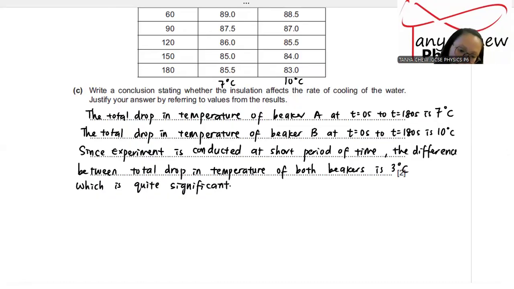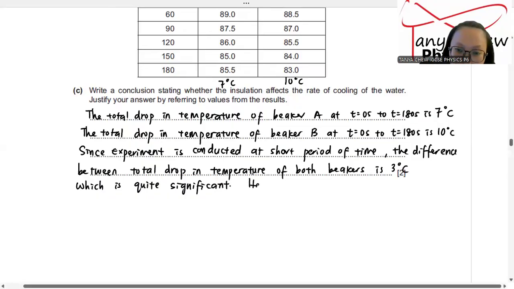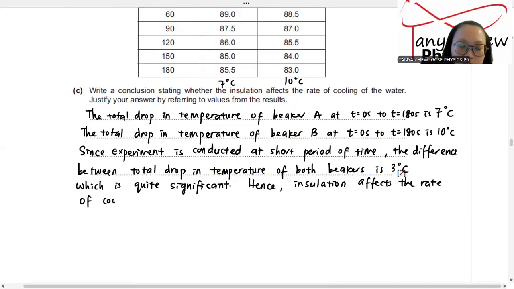So that is why I say, hence, insulation affects the rate of cooling of water.